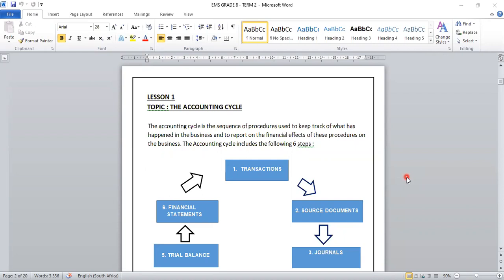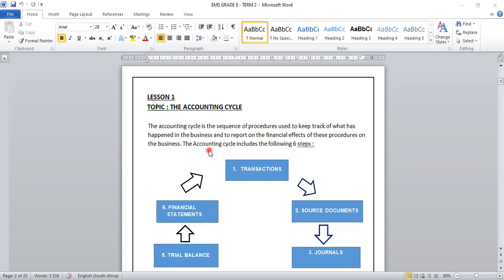Let me first explain what an accounting cycle is. The accounting cycle is a sequence of procedures used to keep track of what has happened in the business and to report on the financial effects of these procedures on the business.